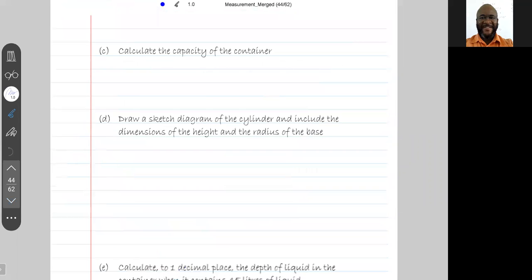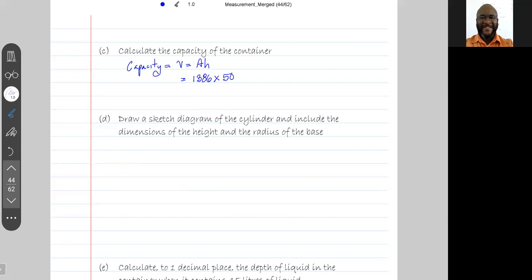Next, we're asked to calculate the capacity of the container. Because remember, this container is formed when a rectangle joins and becomes a cylinder. The capacity, which is simply another name for volume, is equal to A times H. The area we just calculated is 1,386 times the height of the container, which is 50.